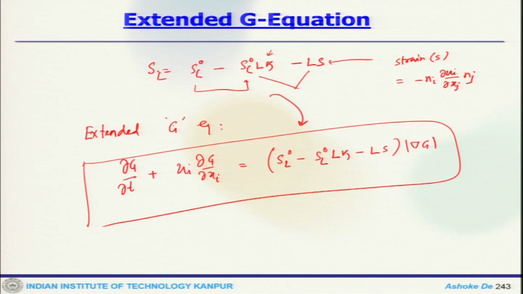Now we look at corrugated flamelets or thin reaction zone. The previous examination was limited to corrugated flamelets.